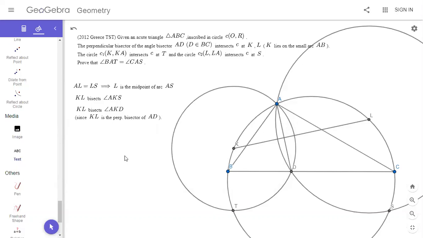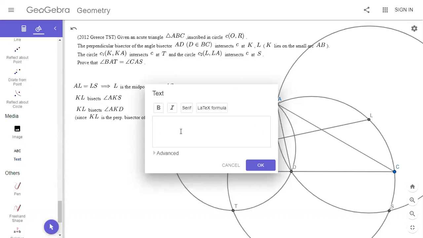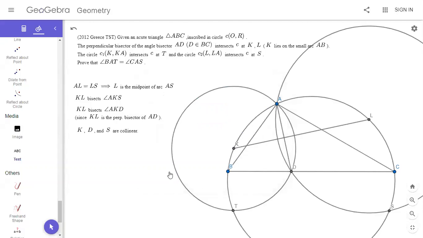And so KD and S are collinear. And then similarly, TD and L are collinear.